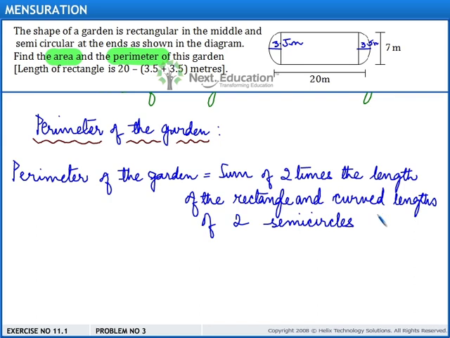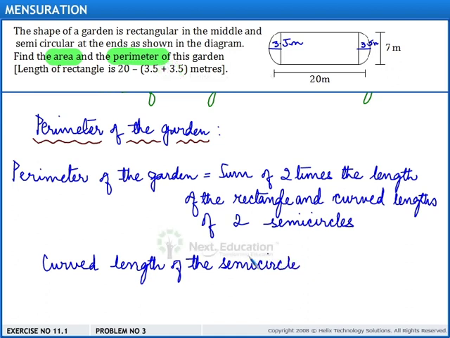Now we need to find out the curved length of the semicircle. Now the curved length of the semicircle is nothing but half of the circumference of the circle.